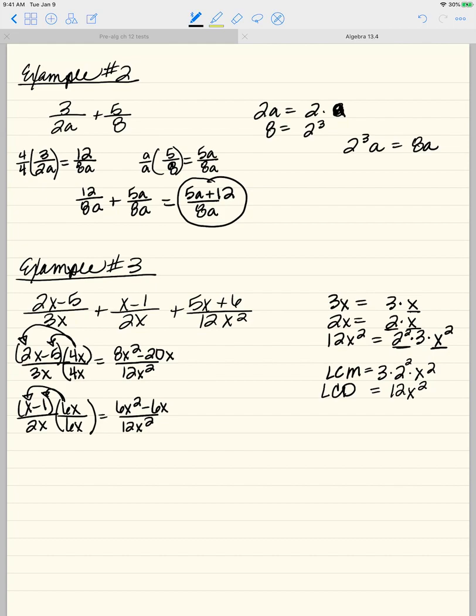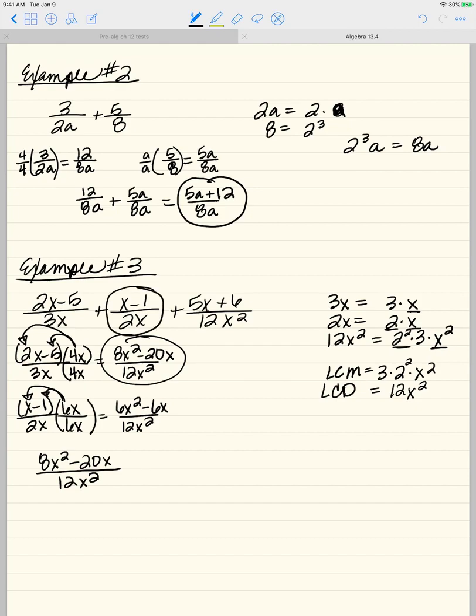And then the last one, 5x plus 6 over, oh, I don't have to work that one out. It is 12x squared. Perfect. Now, rewrite everything. So 2x minus 5 over 3x became this guy. So we have 8x squared minus 20x over 12x squared.